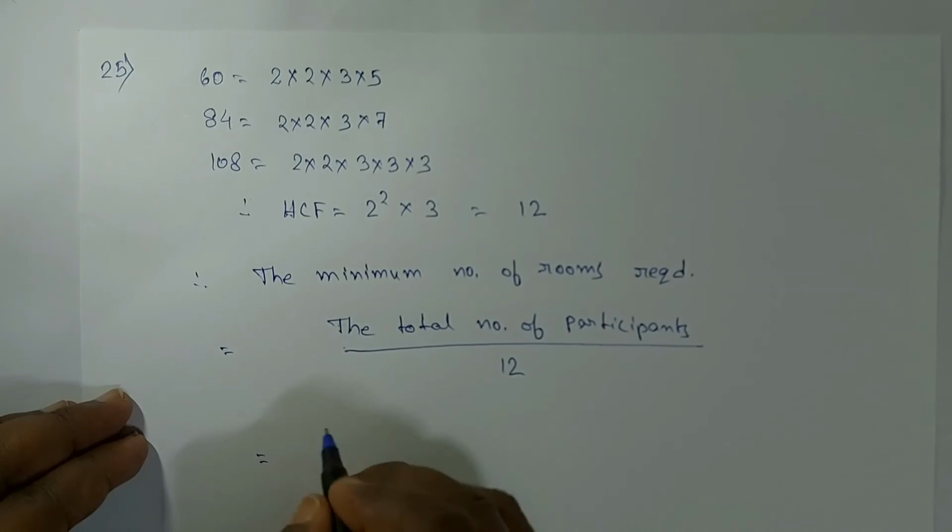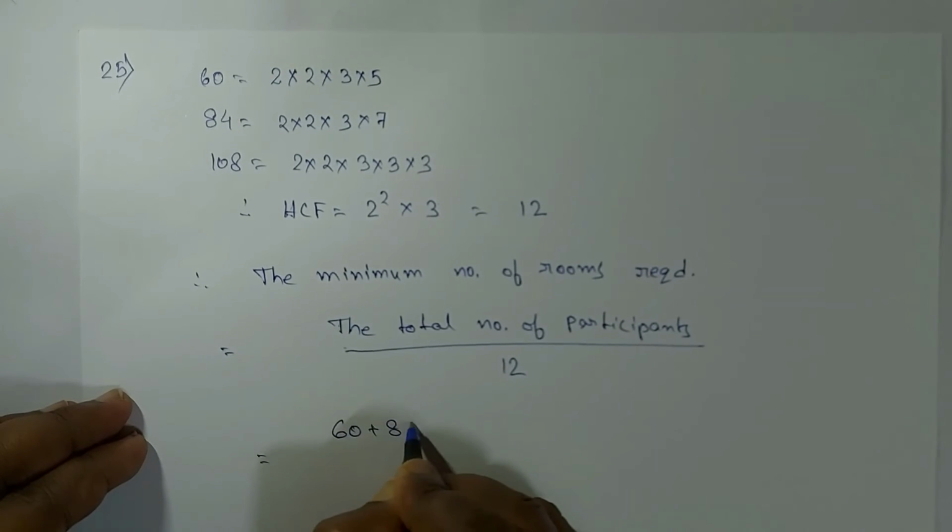So the total number of participants is 60 plus 84 plus 108, divided by 12.